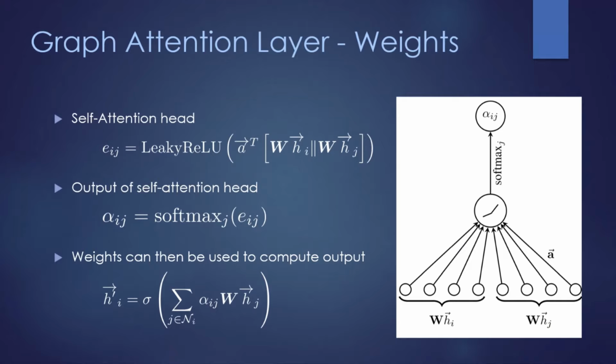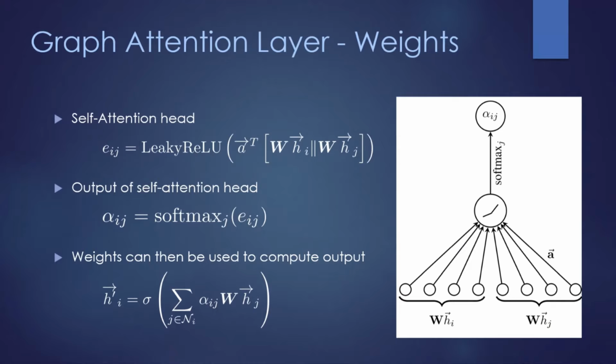So for every edge on the graph, you have two neighboring nodes. You take these node features, multiply them by the weight matrix W, and then you take the result of that and concatenate it. And that's right over here.